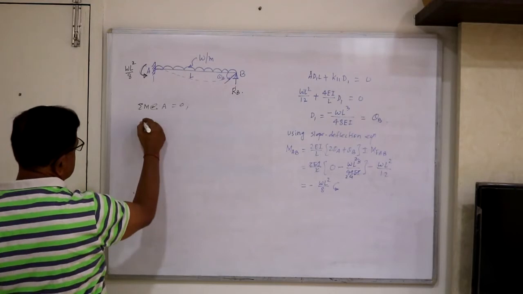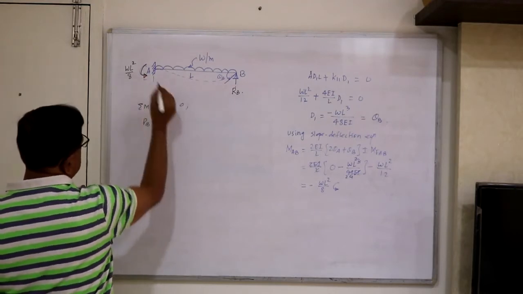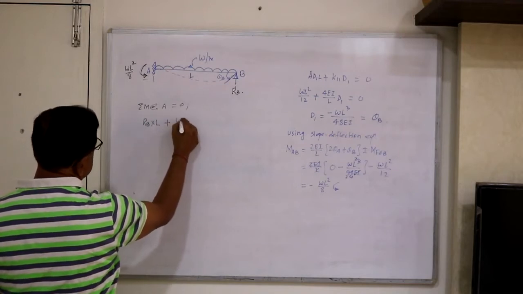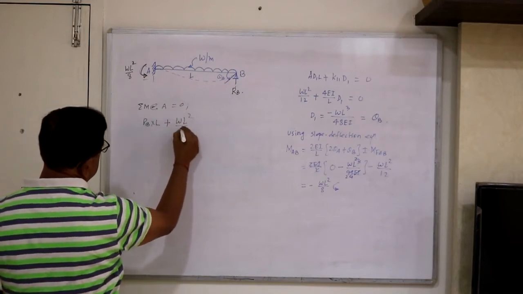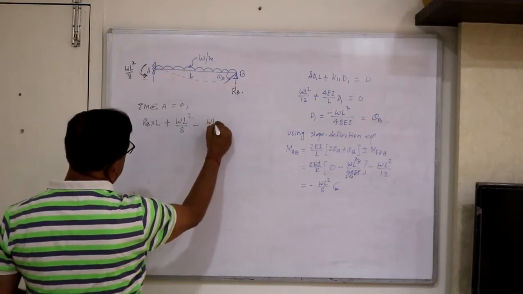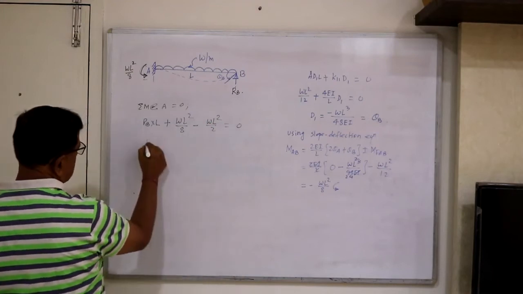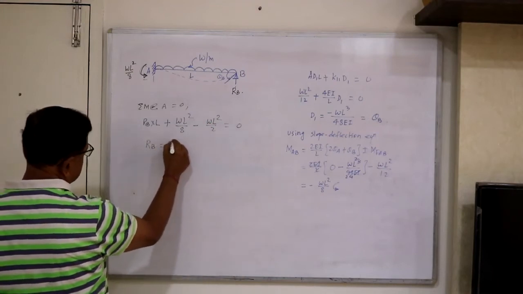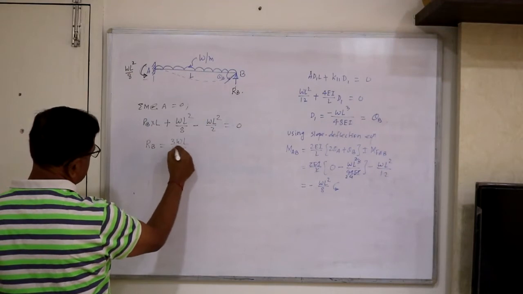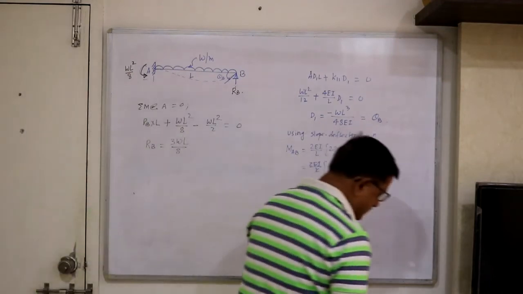Due to RB it is anti-clockwise, so RB into L. This is also anti-clockwise, plus WL square by 8. And due to load it is clockwise, so minus WL square by 2 equal to 0. So solve this, you will get RB 3WL by 8.